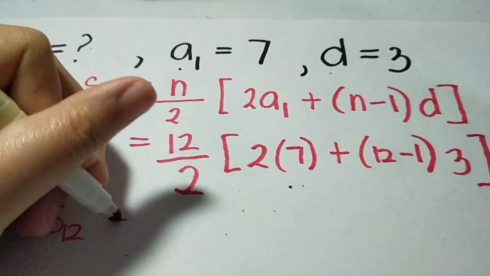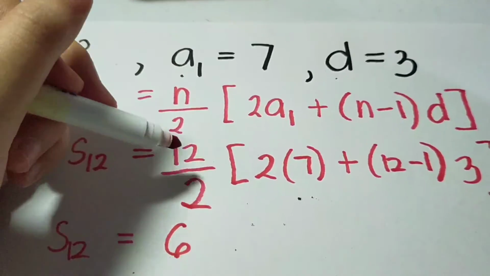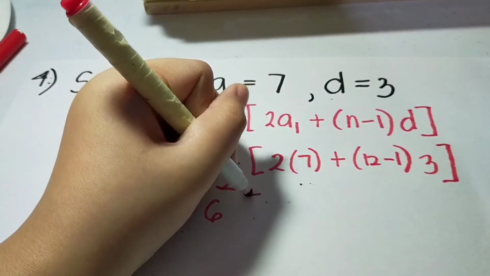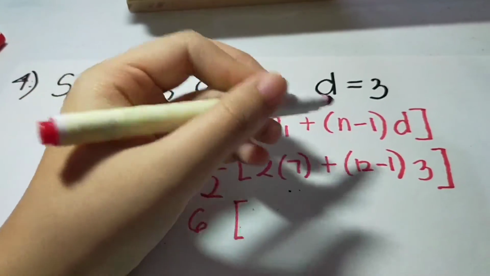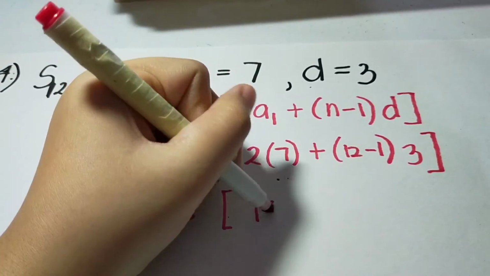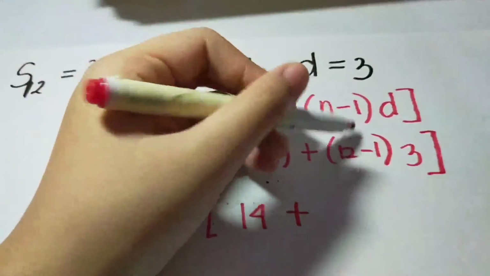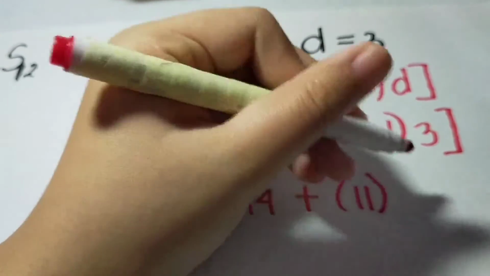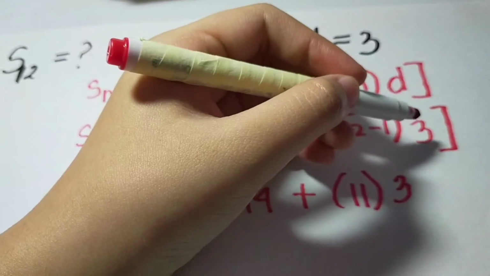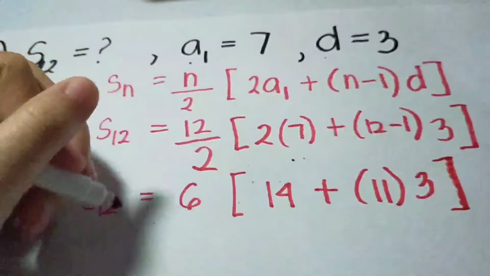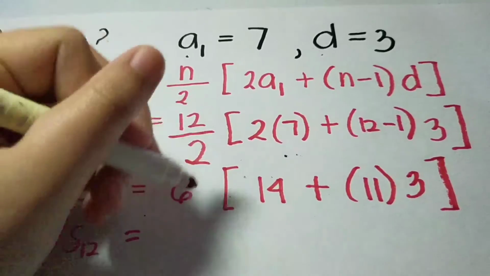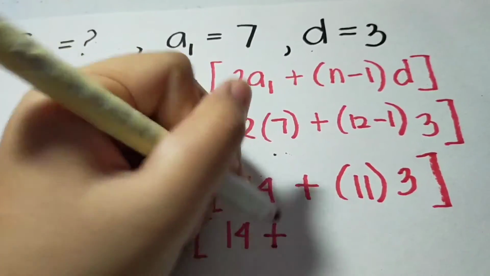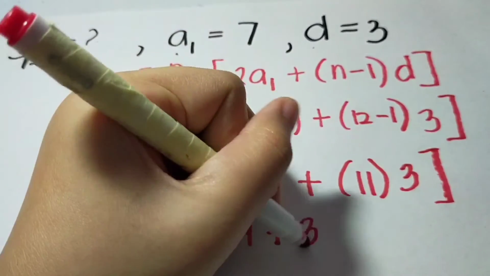S sub 12 is equals to 6, since 12 divided by 2 is equals to 6, and 2 times 7 is equals to 14, plus 12 minus 1 is equals to 11 times 3. So S of 12 is equals to 6 times 14 plus 11 times 3 is equals to 33.